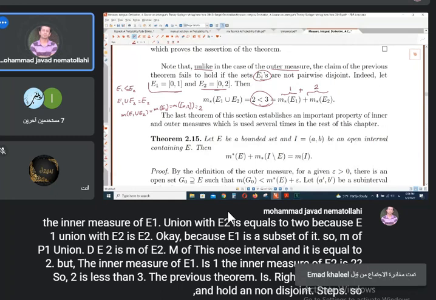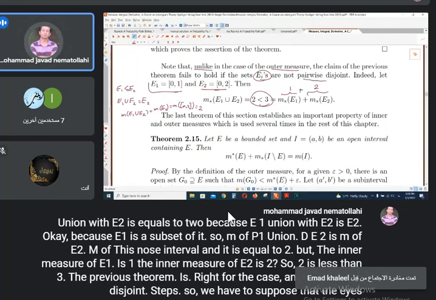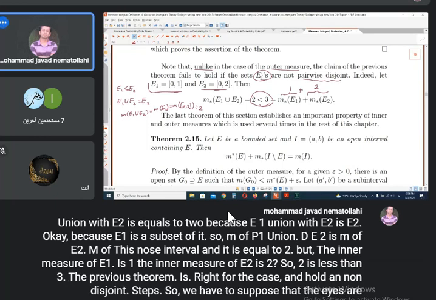So we have to suppose that the E_i are pairwise disjoint.